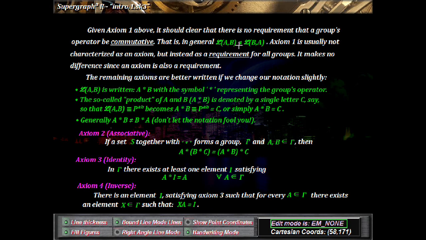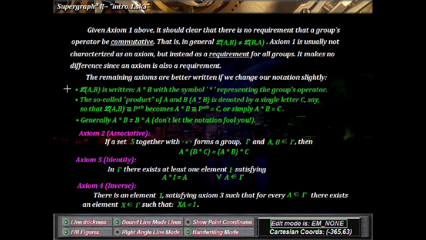So generally speaking, this is not equal to this unless otherwise stated. And this I mentioned before. It's not often anyway that axiom 1 is characterized as an axiom, but as a requirement. But that doesn't matter because that's all an axiom is. It's a requirement.